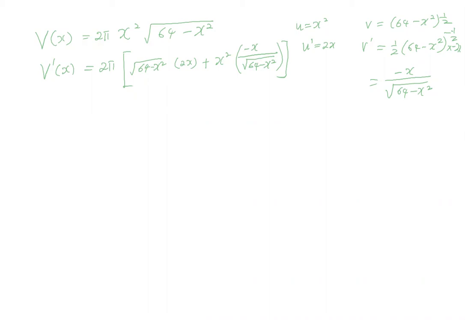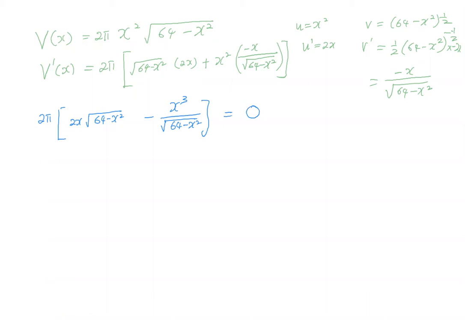Okay, so the next step, you write down 2 pi times 2x square root of 64 minus x squared minus x cubed over square root of 64 minus x squared, the whole thing equal to 0. It will solve algebraically.